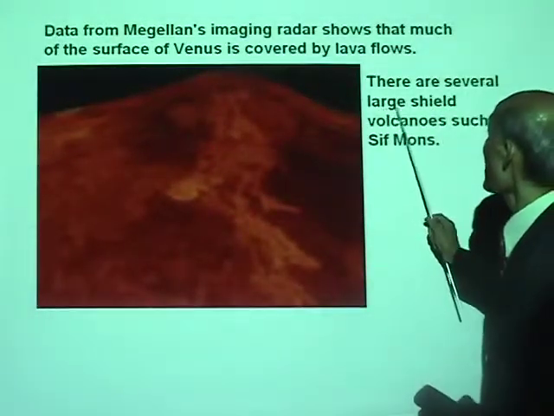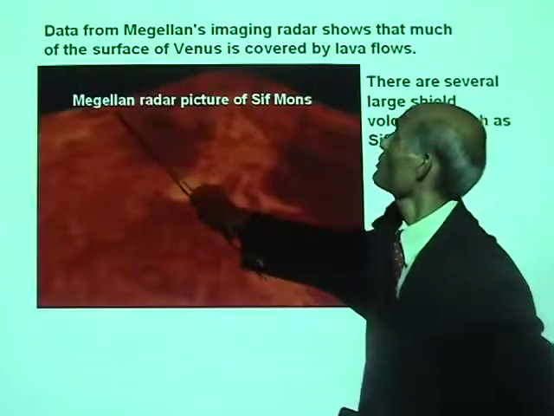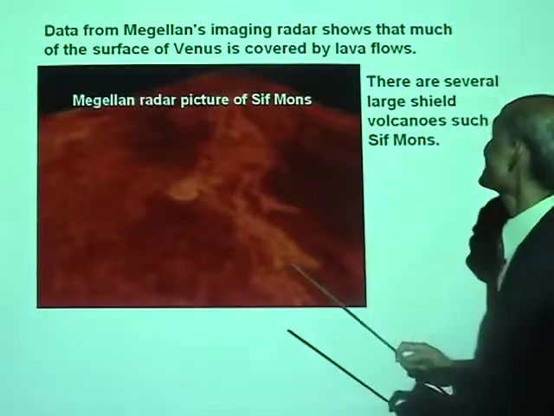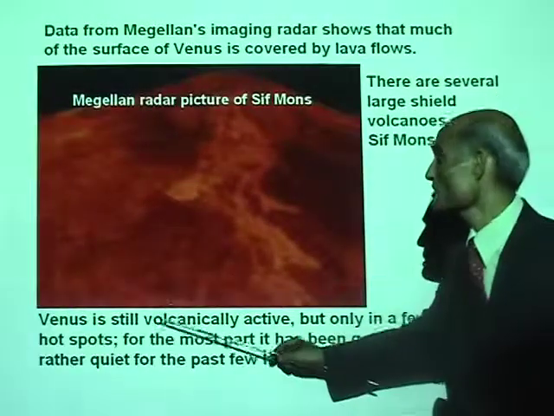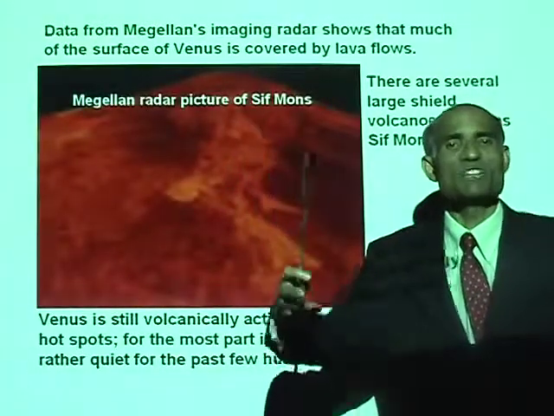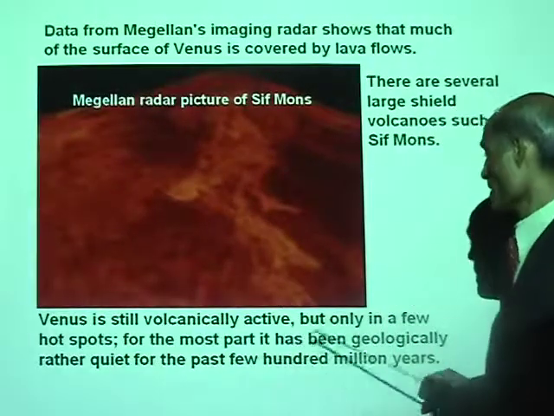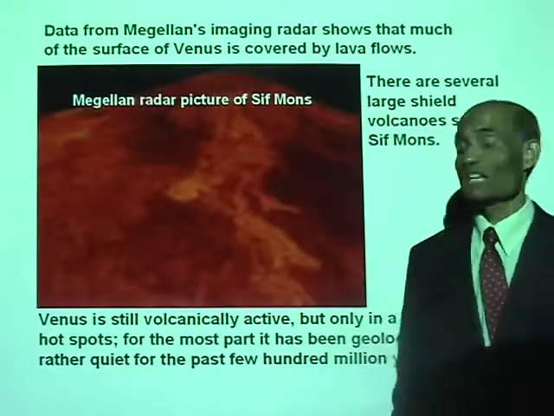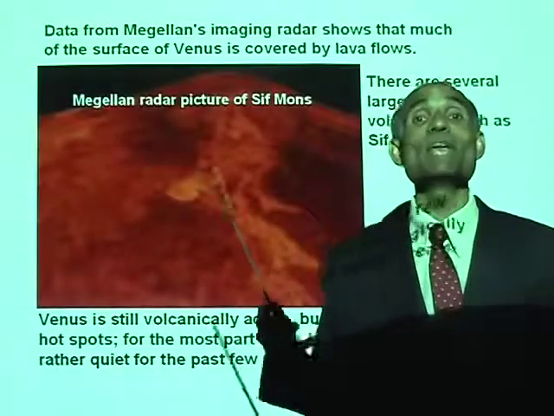There are several large shield volcanoes such as Sif Mons, and this is the Magellan radar picture of Sif Mons, which is a shield volcano. Now, Venus is still volcanically active. Is Earth still volcanically active? Yes, it is, but only in a very few hot spots. For the most part, it has been geologically quiet for the past few hundred million years.